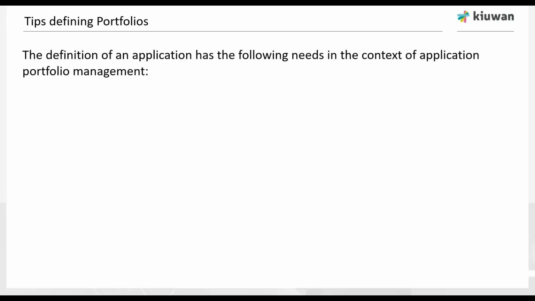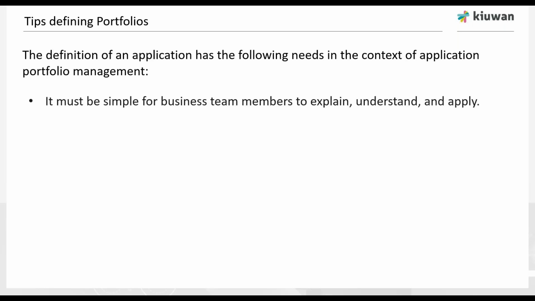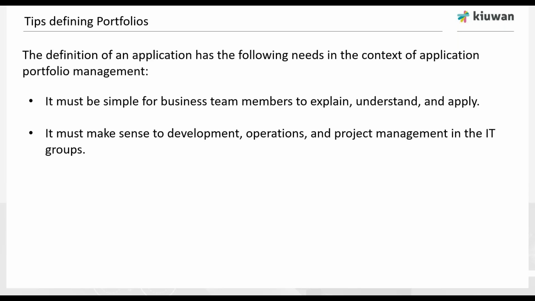All right. Some tips when defining portfolios. The first thing is that the definition of an application has to follow some needs in the context of application management. It must be simple for a business team member to explain, understand, and apply. It must make sense to the development, operations, and project management in the IT groups.